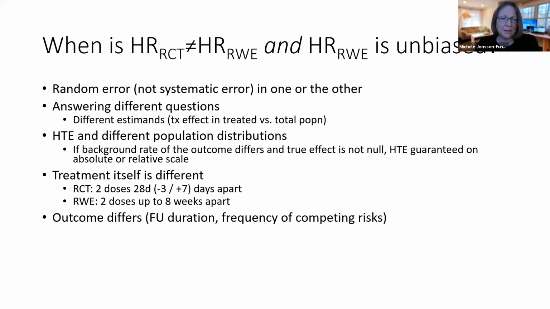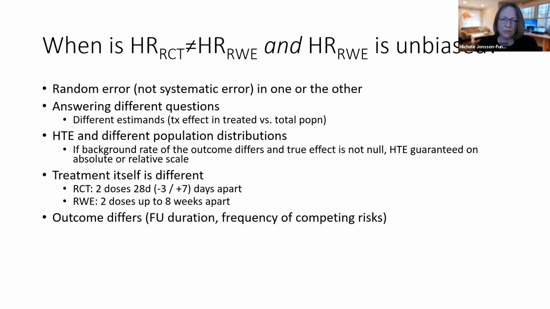Next. I know we discussed a lot about outcome differences, potentially in the duration of follow-up, and that a hazard ratio is going to be some average across the follow-up time that was used. So if there's some variation over time in what that hazard is, we're going to see an average of it, and we might be averaging 3 years in the real world data instead of 18 months in the trial.